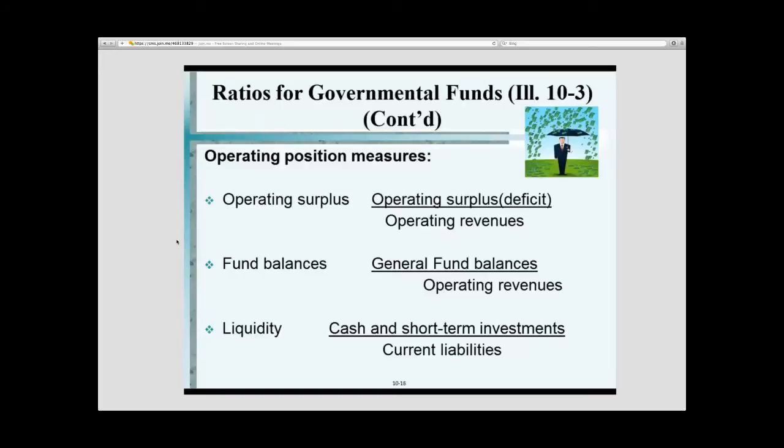The question is, how much of a rainy day fund? 2%? 5%? 10%? 1%? There are states like New Jersey which have less than 1%, and then there are other states which have healthy numbers. The question is, what should it be?